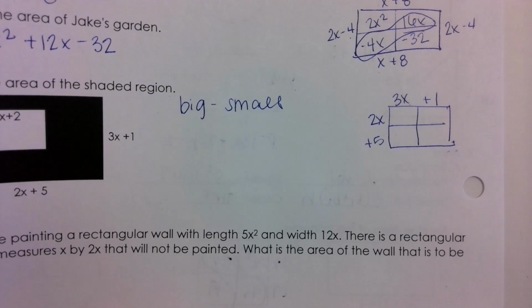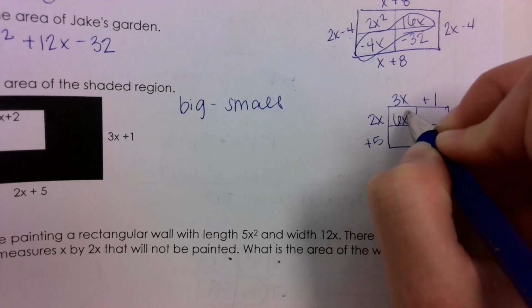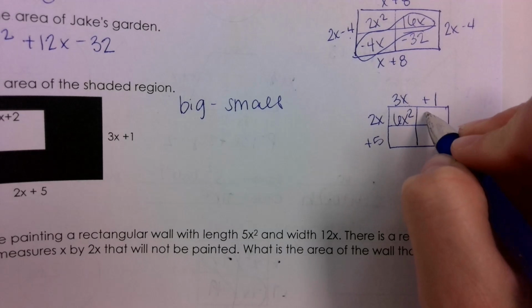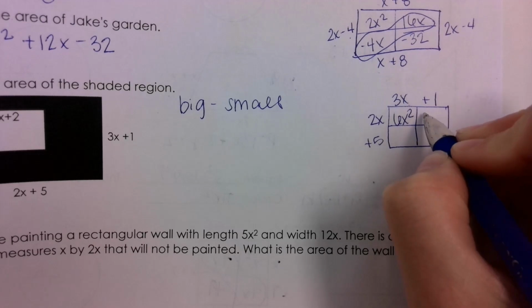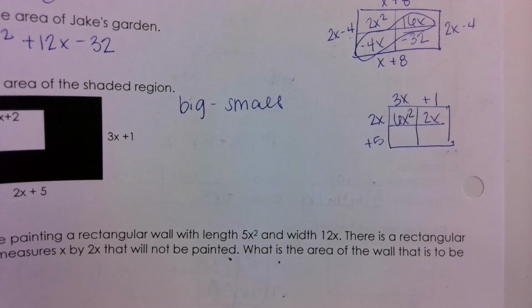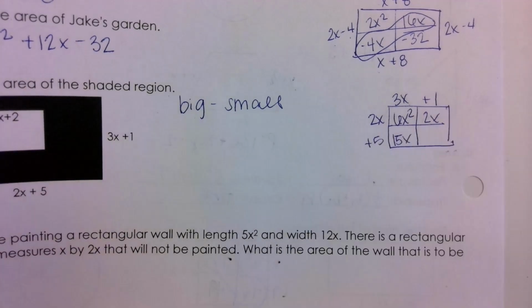Haley, what's 2x times 3x? 6x squared. Bailey, what's 2x times 1? 2x times 1? There you go. Abigail, what is 3x times 5? 15x. And Sierra, what's 5 times 1? There you go.